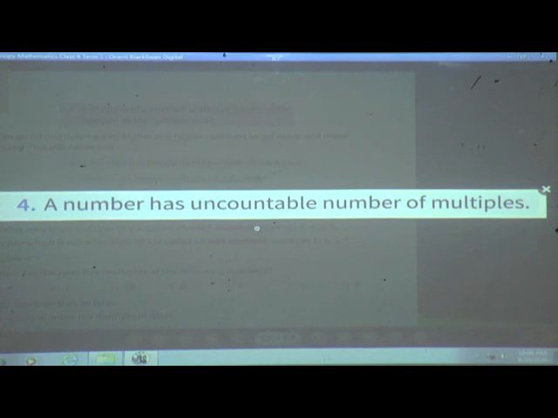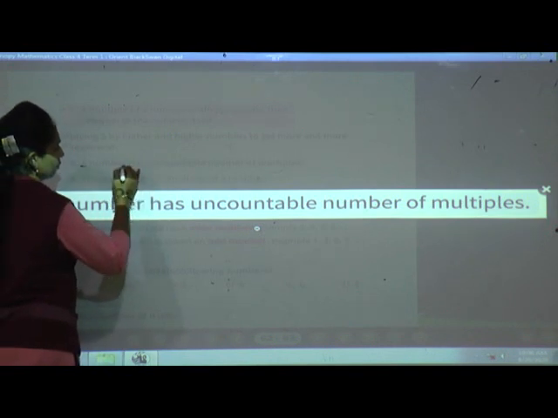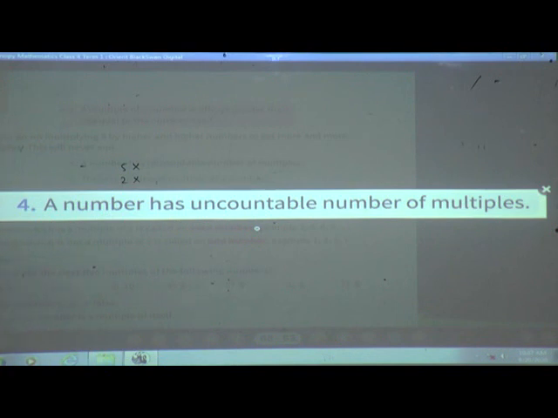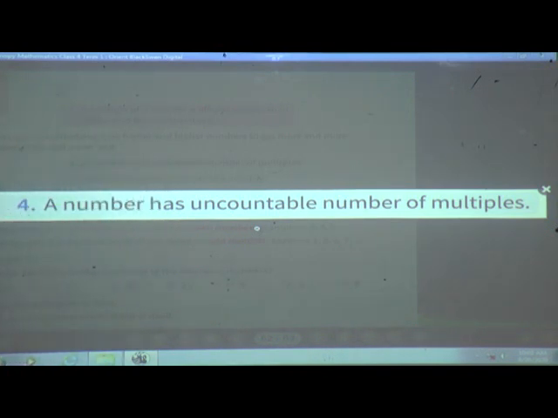See, any number 2, 3, 4, 5, 6 we can multiply with uncountable multiples, because there is no limit of the numbers. See, numbers we have studied till 8 digits, isn't it? So there is no limit. We cannot count multiples, isn't it? So what they are saying, a number has uncountable numbers of multiples.